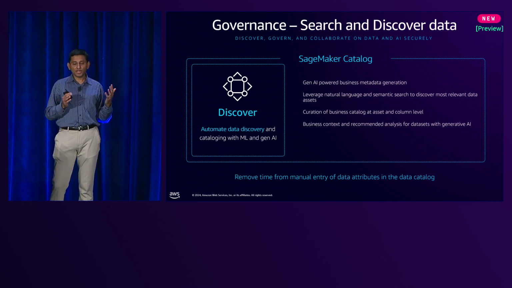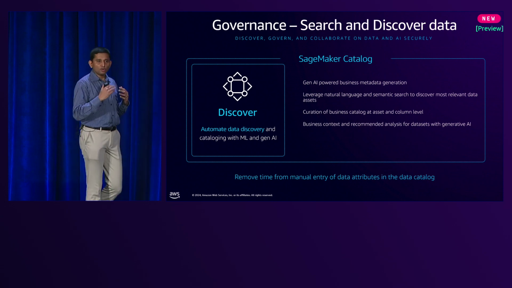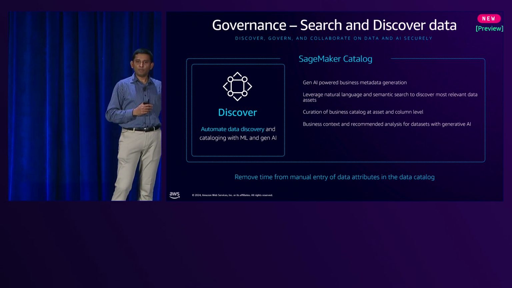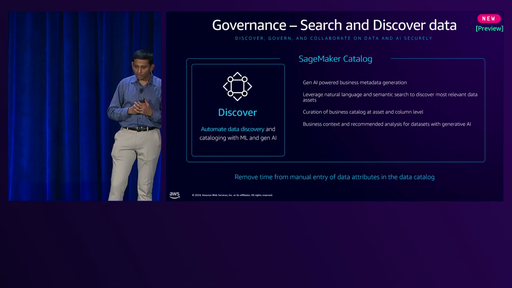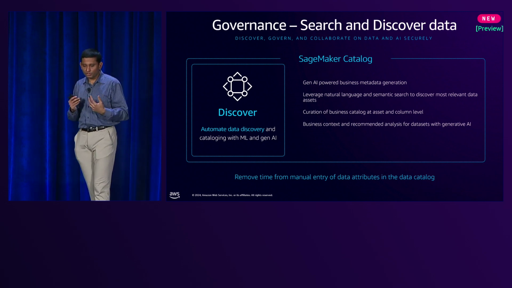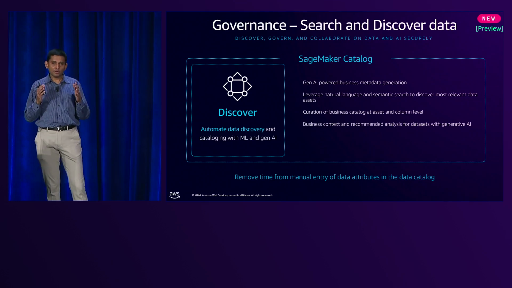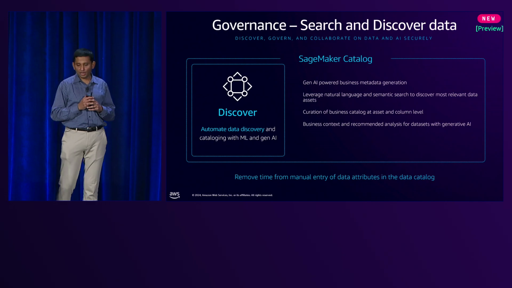You can enhance your data discovery with generative AI to automatically enrich your data with descriptions, metadata, business glossary terms, and make it easy for your users to find all of that information from the existing assets. Data consumers and producers can leverage natural language and semantic search to discover the most relevant data sets for their use cases. Let's go over another quick demo.